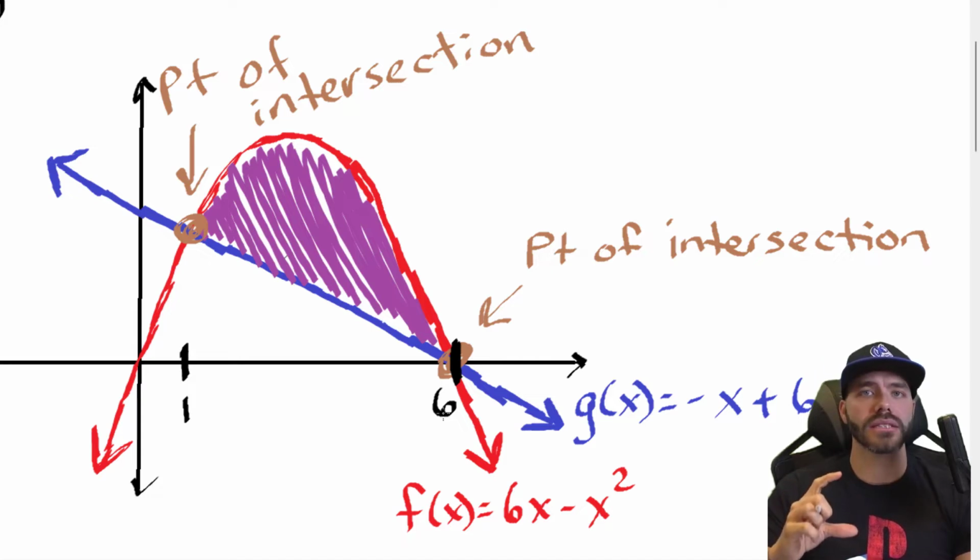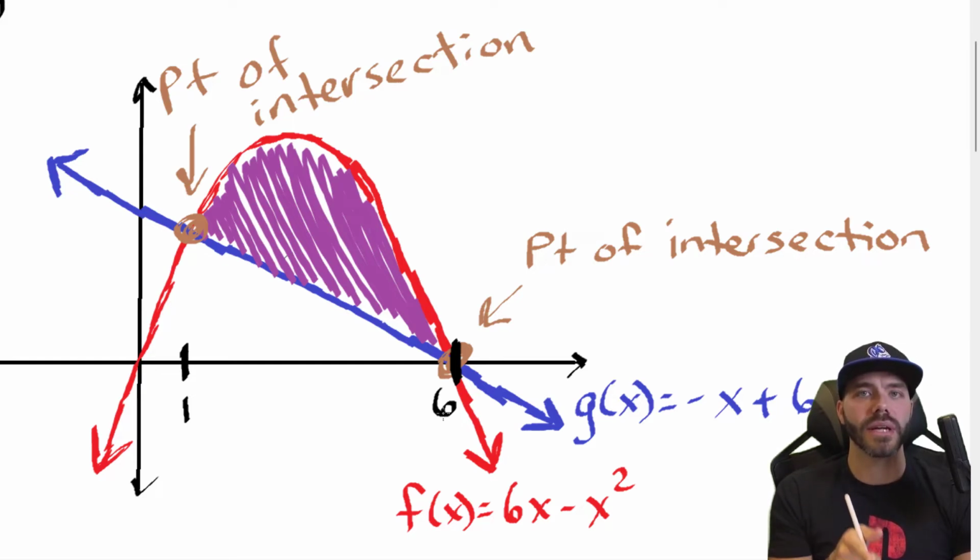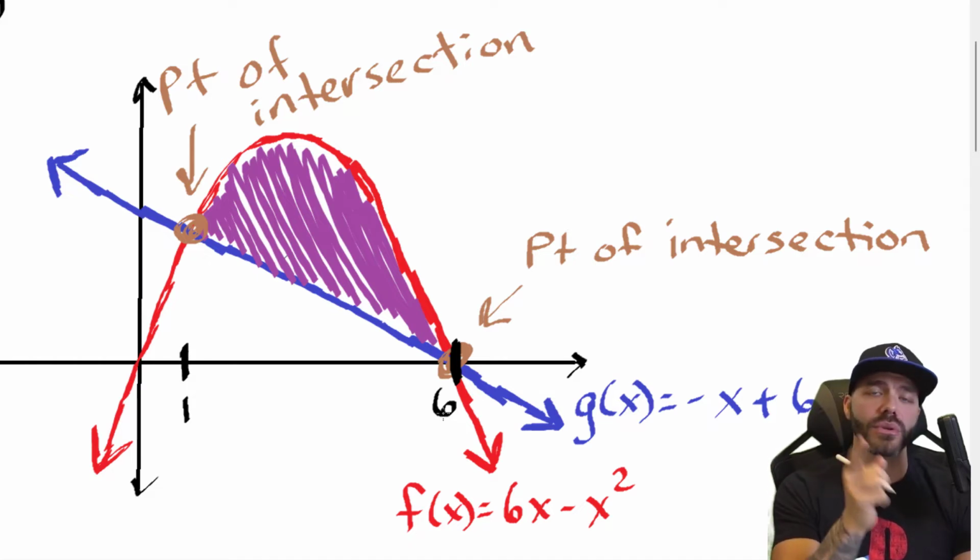Now let's see why I started this video off with the rectangle with a semicircle cut out of it. Let's take that idea and apply it to this situation, because we want to find the area bounded between these two curves. If we can find the area under each one of these curves individually, then all we have to do is subtract one from the other, but we have to do it in the correct order.